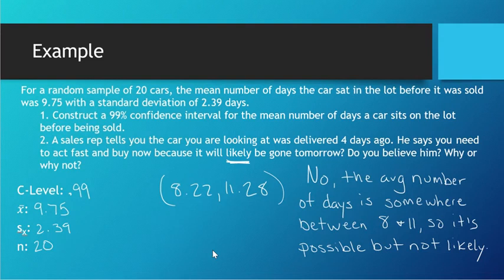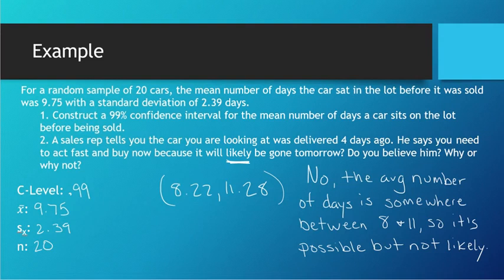So we still have 4 days to go before we get to that average. Now, remember, it's just an average. It doesn't mean that that car won't be gone tomorrow, but it's not very likely. It's possible, but it's not likely because that would be way less than the average number of days.